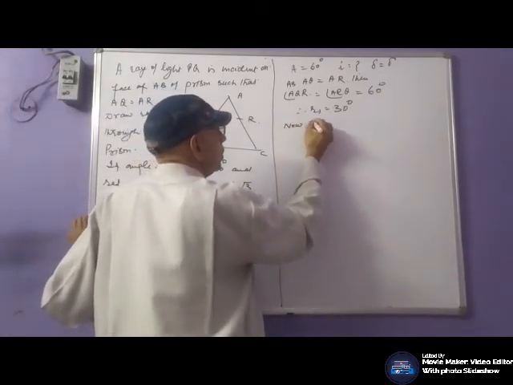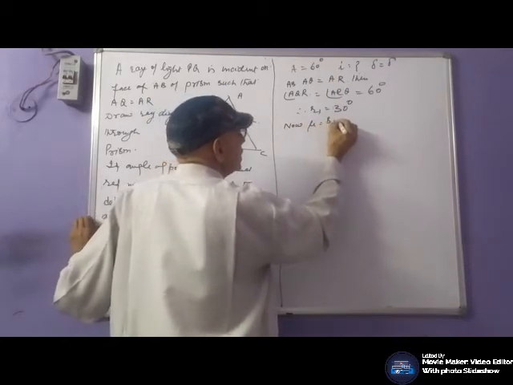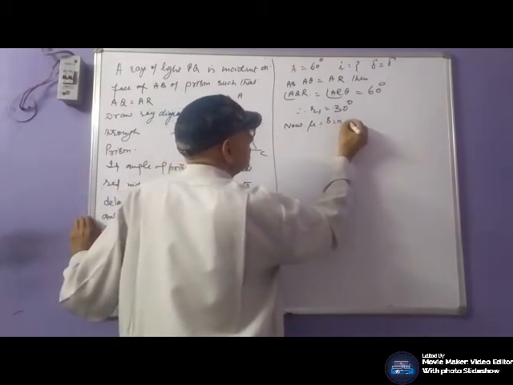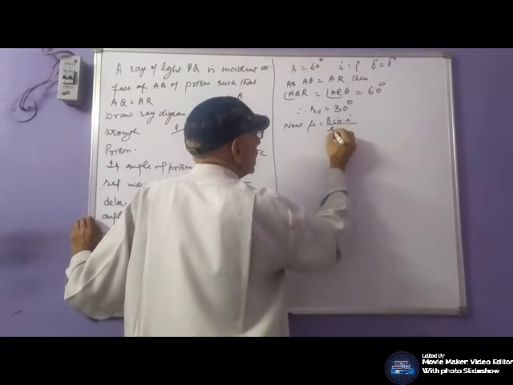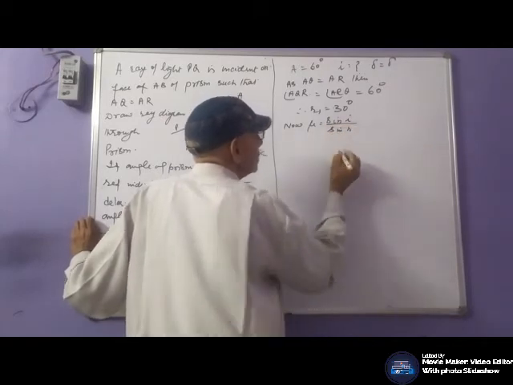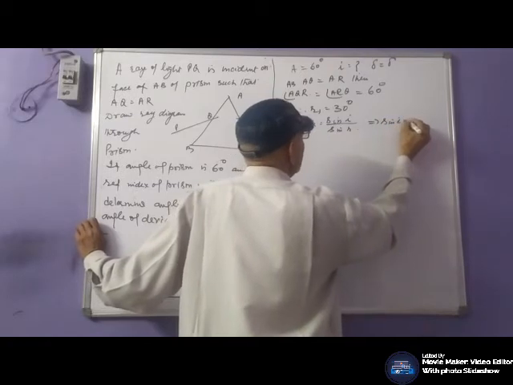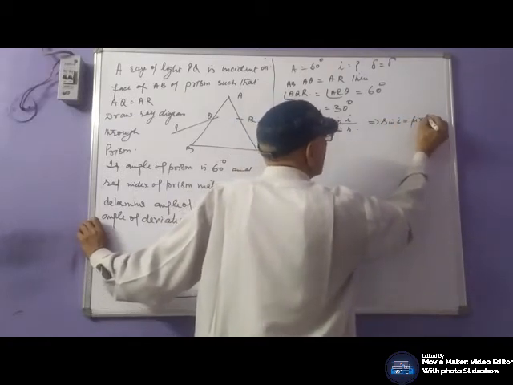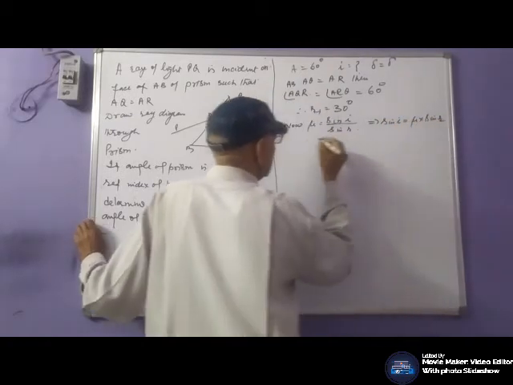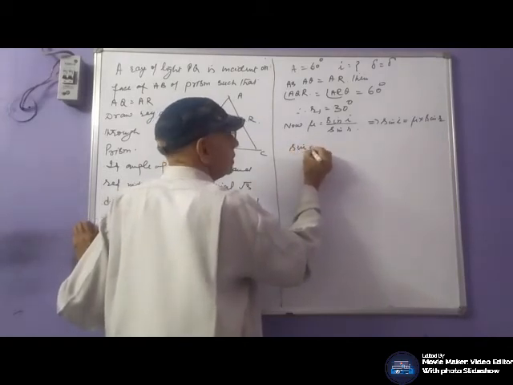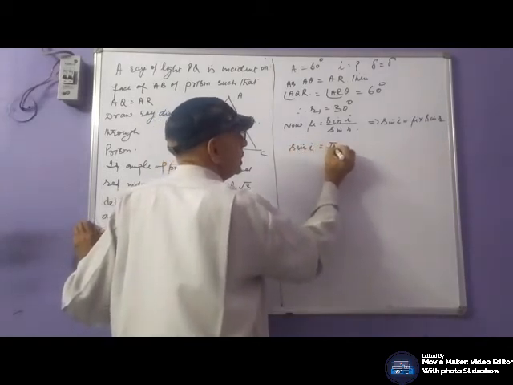Now mu is sin I by sin R. We have to calculate sin I, which is mu into sin R. Mu is root 3.